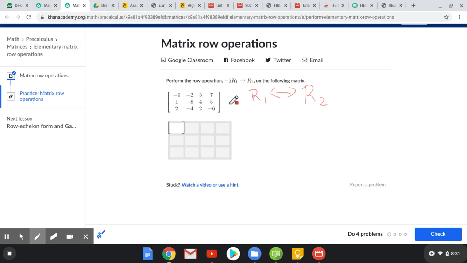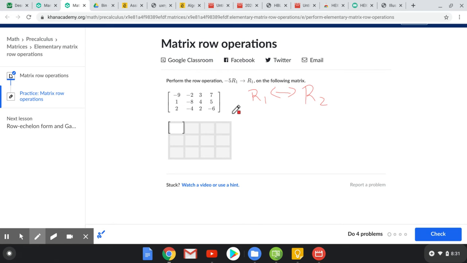The other thing I'm allowed to do is add two rows together. So I could add, say, row 2 and 3, and then I'd have 3, -12, 6, -1. I'm allowed to do that and then put it in either row 3 or row 2.